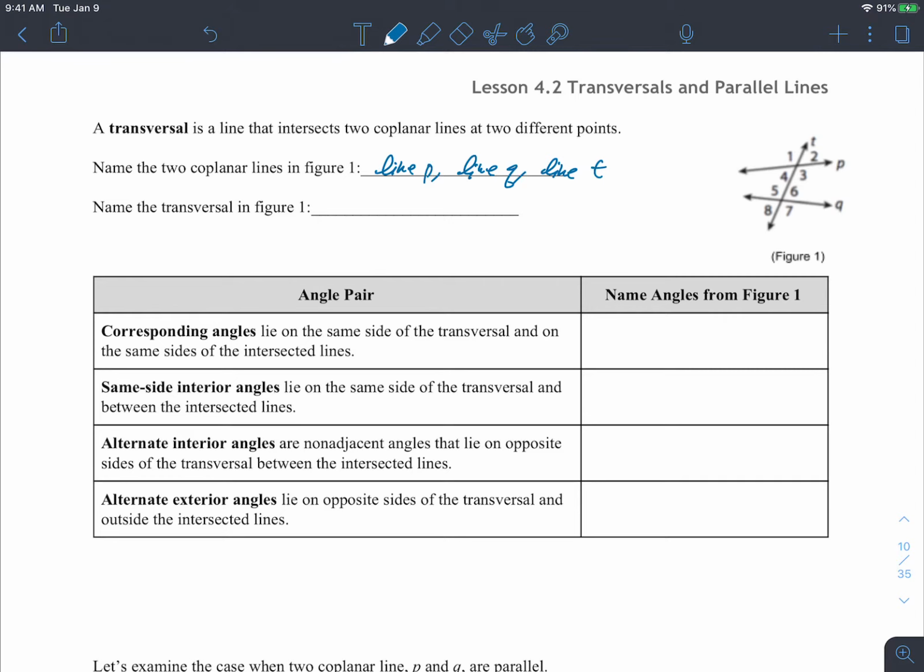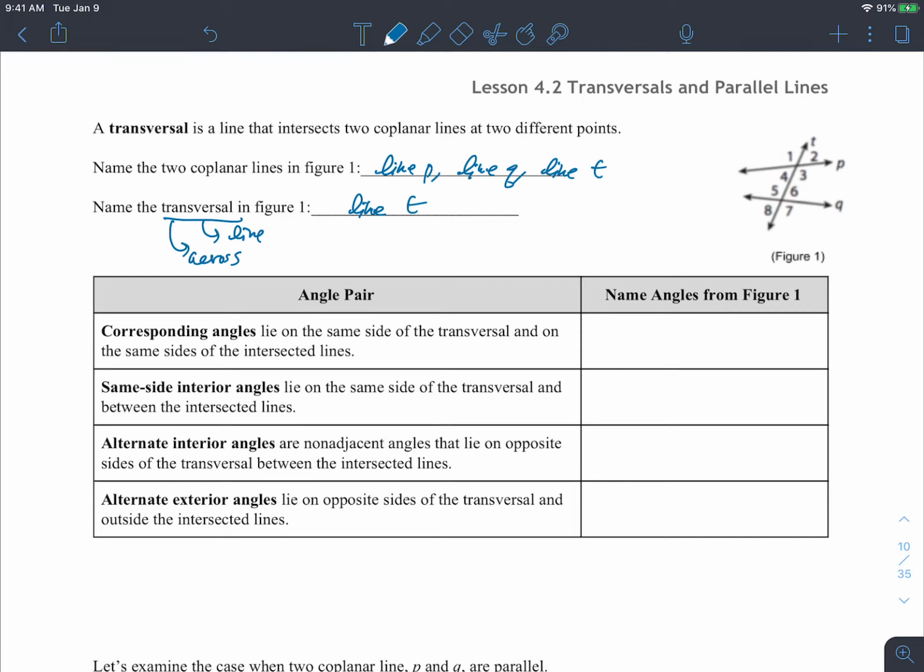So now name the transversal over here, which is the line that's crossing two other lines. That's right. That is line T, the transversal. Trans means across. Verse is a line. You're crossing the line. Okay.